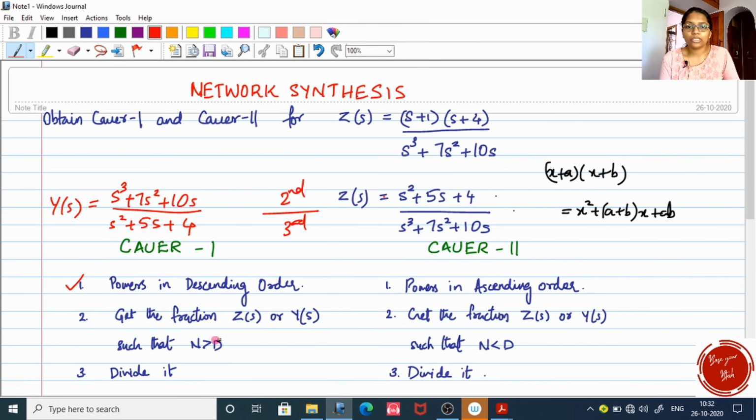For this question we had the second power in the numerator and third in the denominator, so we took the reciprocal and got the numerator greater than the denominator. Now the numerator has third power and the denominator has second power. So this is done and we chose the function Y of s. Now we have to divide it.